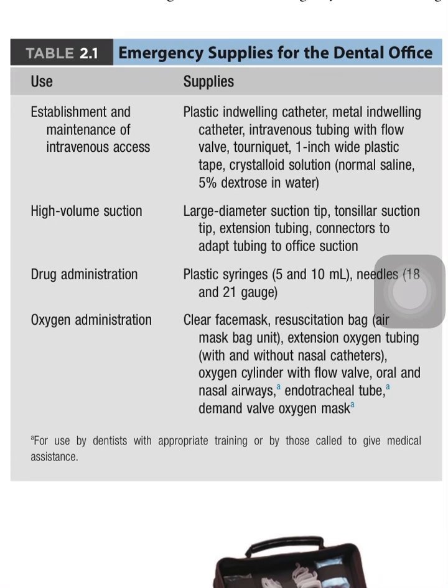Oxygen supply is a must. Every dental office must have oxygen in a portable tank. Dentists should know how to give oxygen under positive pressure using a demand valve oxygen mask, nasal catheter, or face mask. Keep oxygen available outside the operatory room, like in the waiting area.